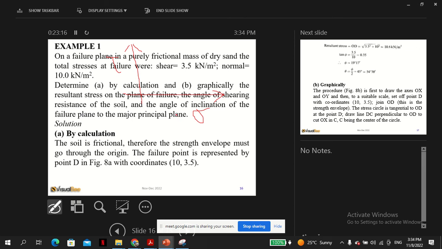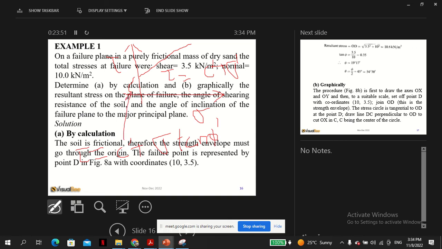Sigma. So non-pure frictional soil has a value here, C. I always say here that this is C plus sigma. Let me write down here: tau is C plus sigma tan phi. That's the governing equation here. So this is non-frictional soil because there is a C value.